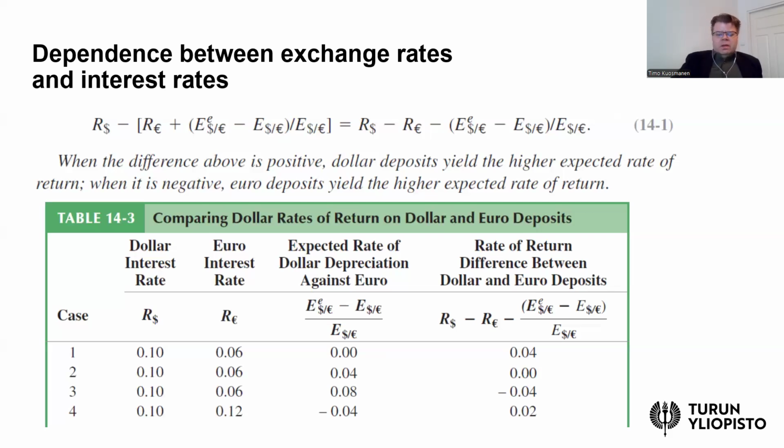In the second case, however, suppose that the expected rate of dollar depreciation against the euro is 4%. In that case, the investor would get a 10% yield from the US government bond.